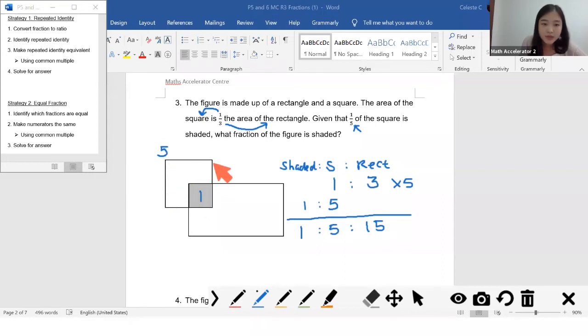However, the unshaded part here, you have to take away the shaded 1 unit. So 5 minus 1, you have 4 here. How about the rectangle? Right, you have 15 units. However, this shaded part takes up part of the rectangle, so you have to take away 1 from this 15.